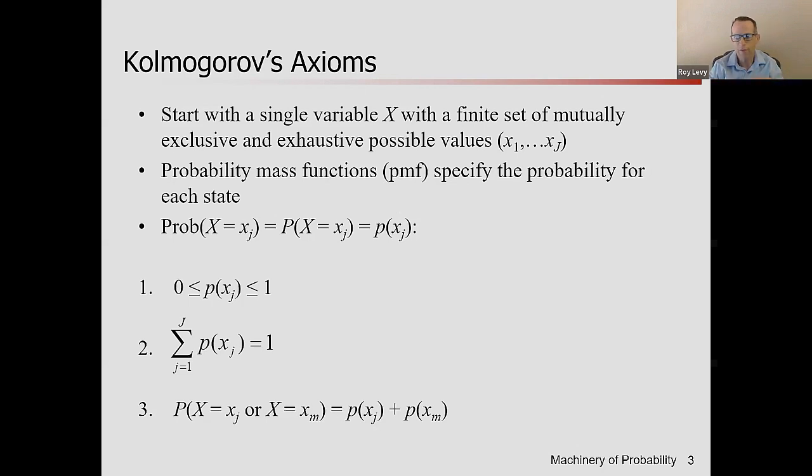That is, if I have mutually exclusive and exhaustive states, the probability of it taking on this value or this value, if I add them all up, they have to add up to 1. And the third one is that the probability of the random variable taking on a particular value, say xj, or a different value, say xm, is just the sum of the individual probabilities for the two of them.